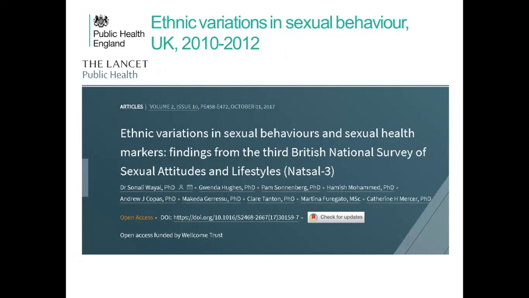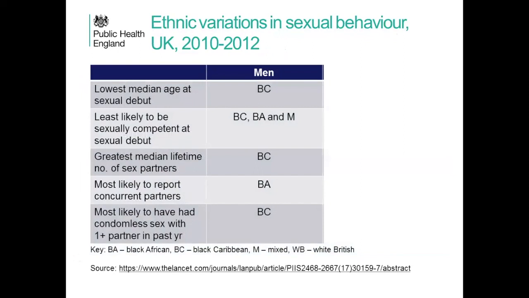So this is presenting some of the results of NatSal, the last iteration of NatSal, which ran from 2010 to 2012. And what that shows is that men of Black Caribbean background have the lowest median age of sexual debut. They also have the greatest median lifetime number of sexual partners.